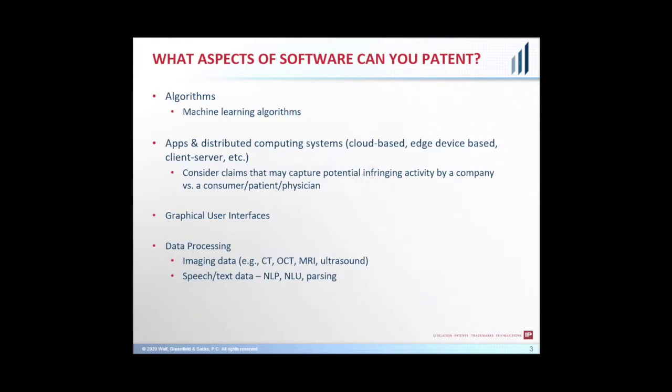And in these instances, when one is looking at the claims and thinking about what areas to patent, it's helpful to think about what could be potential infringing activity by a competitor, and who is doing the various steps of the claim. And of course, this is something we can talk about in the breakout session as well.